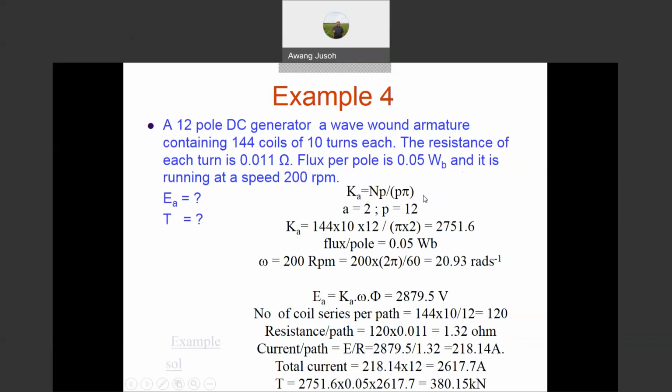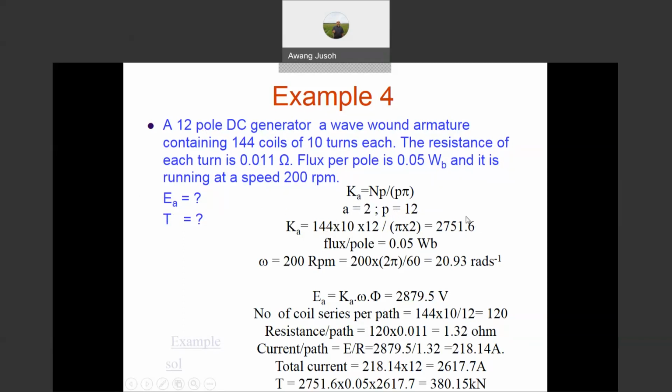Again, we start by calculating the machine constant Ka and P over pi. Because this is a wave machine, then A equal to 2, and in this machine P equal to 12, right? Then find Ka first. So Ka equal to 144 multiplied by 10 multiplied by P, which is 12, divided by 2 pi, right?